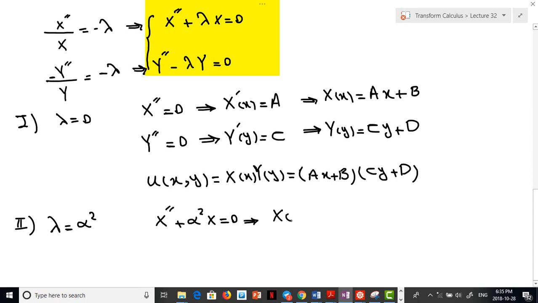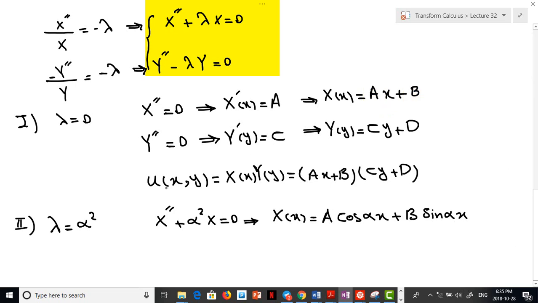So X of x is equal to another constant, so you say a cosine alpha x plus b sine alpha x. A and b are two arbitrary constants, but this a and b is different from what we found when lambda is equal to 0.